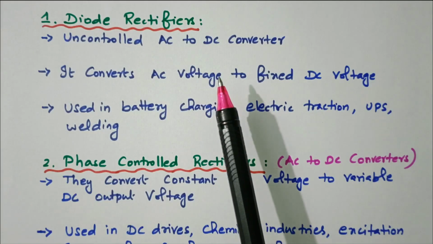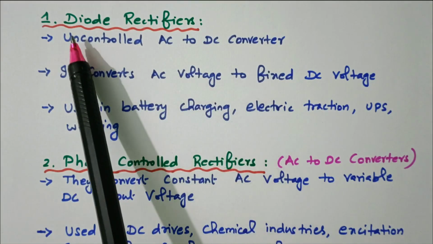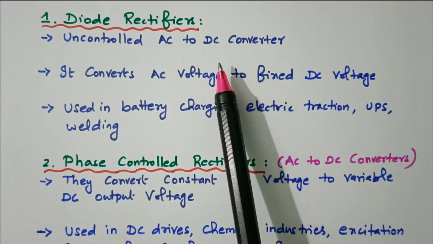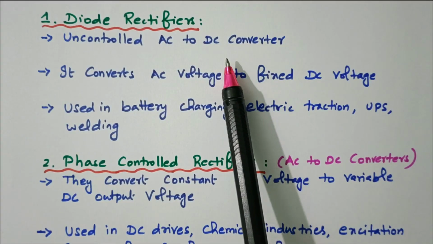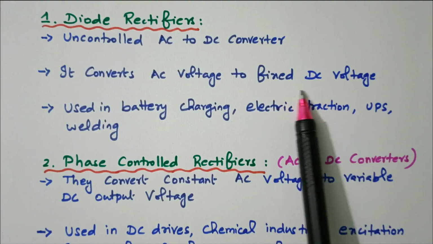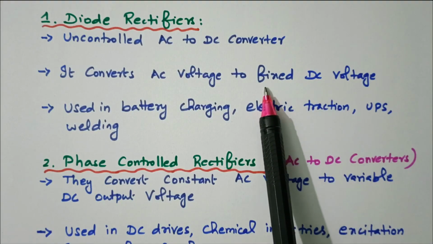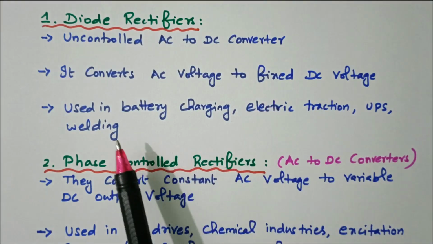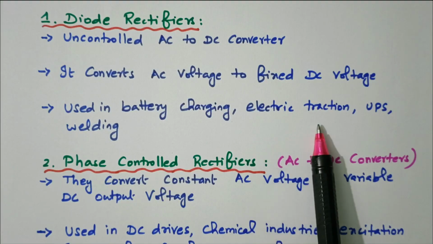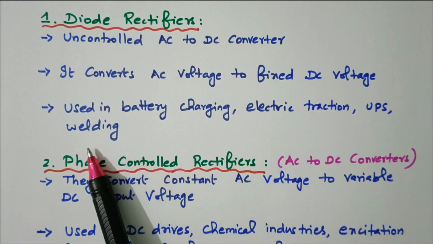That's why that's called a phase controlled rectifier. While using a diode, it is called an uncontrolled AC to DC converter. The magnitude of output voltage cannot be controlled. So it converts AC voltage into fixed DC voltage. It's a very important one, fixed. There is no variable. That is used in battery charging, electric traction, UPS and welding.